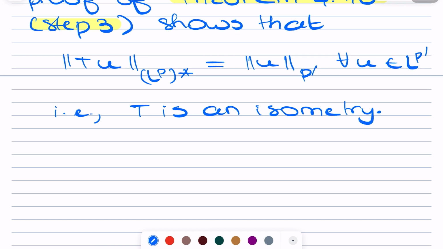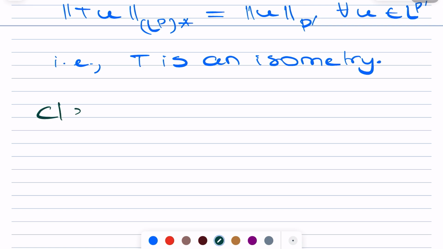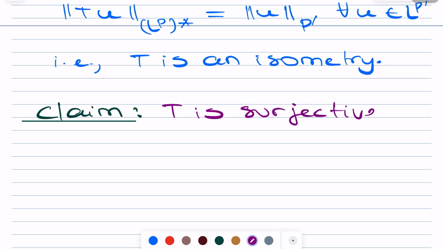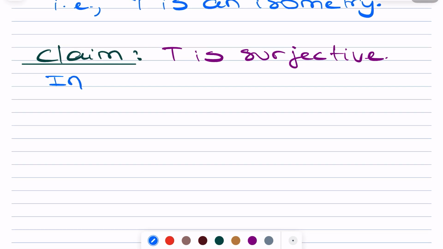Okay, now we claim that T is surjective. Claim: T is onto. So let's prove this. Indeed, let E be the image space, T of LP prime.